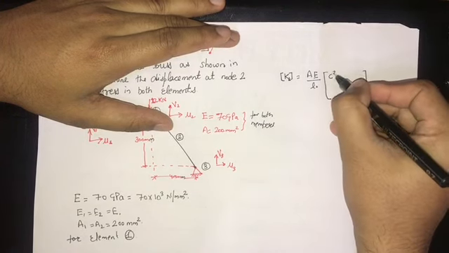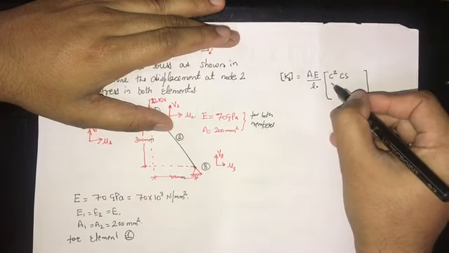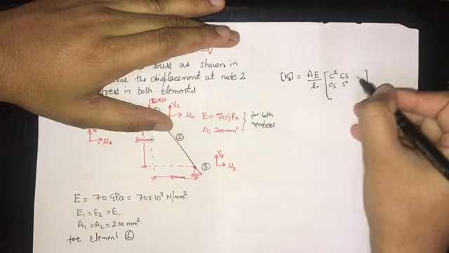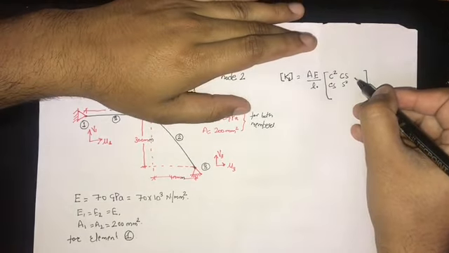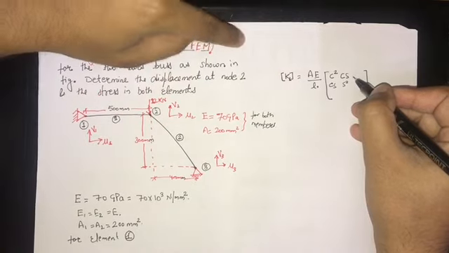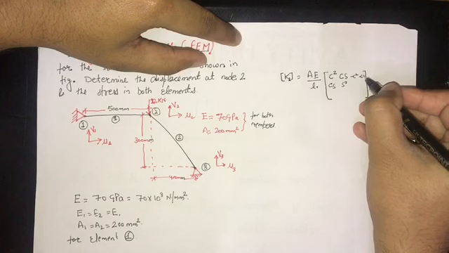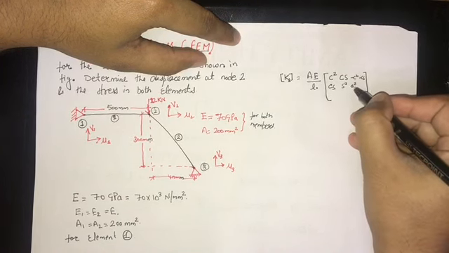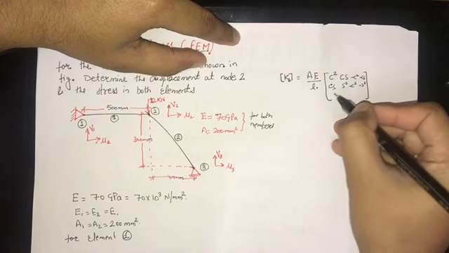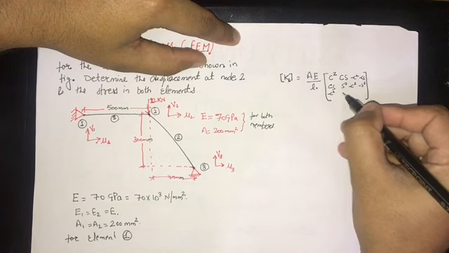It is basically C square, CS, minus C square, minus CS, and similarly it is a symmetric matrix, with the diagonal terms minus C square and minus S square. So the diagonal should be same.